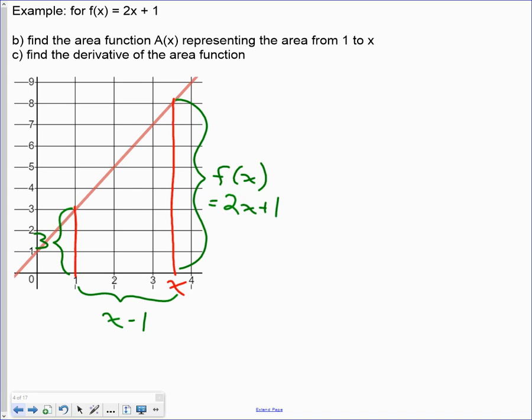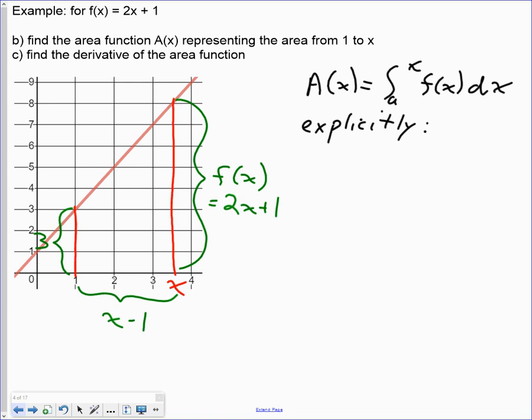So our area function, which is kind of like the integral from a to x of f at x dx, we can write it out explicitly as this trapezoid formula here. So we want to add 3 and 2x plus 1.